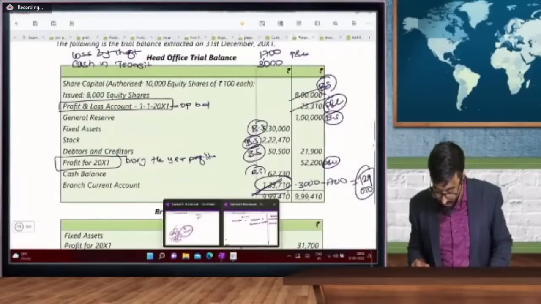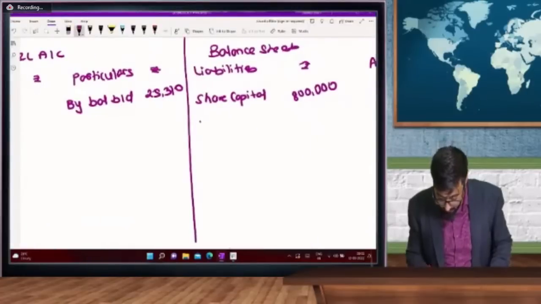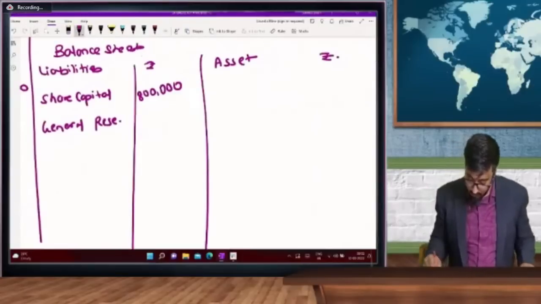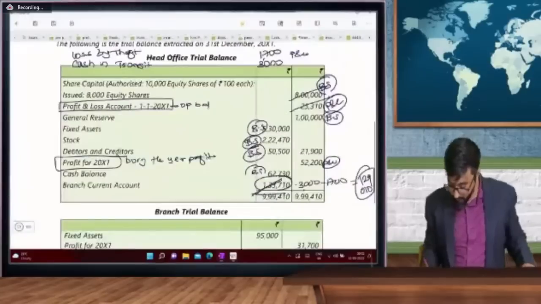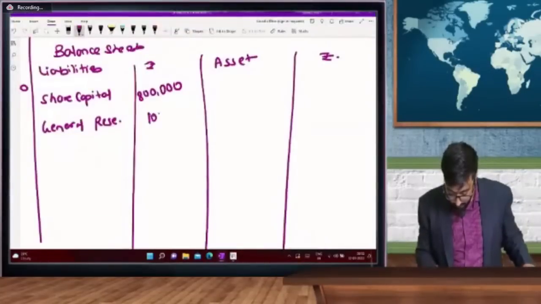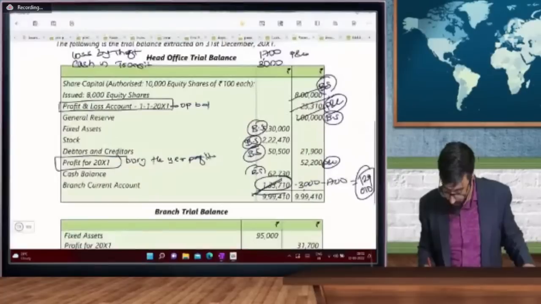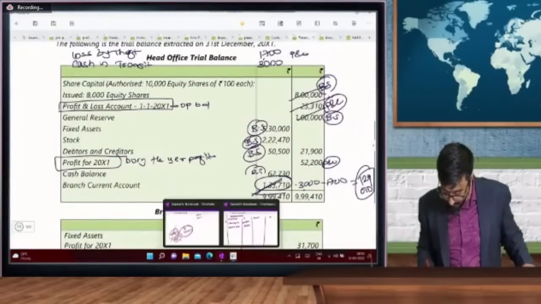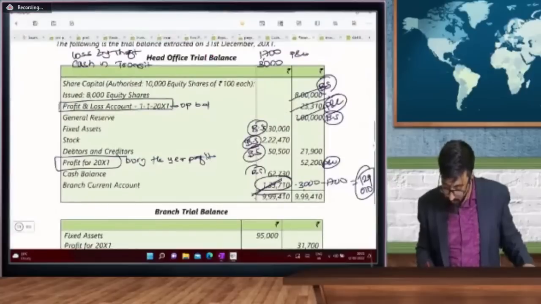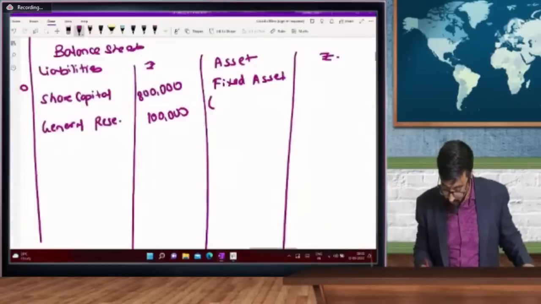General reserve, balance sheet liability side, ₹1 lakh. Fixed assets, show in the inner column, 5,30,000.